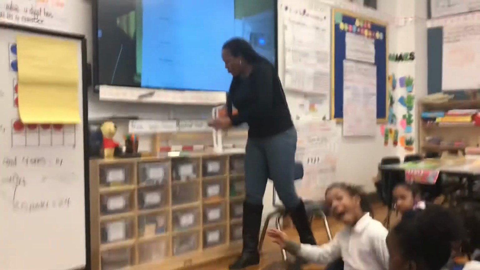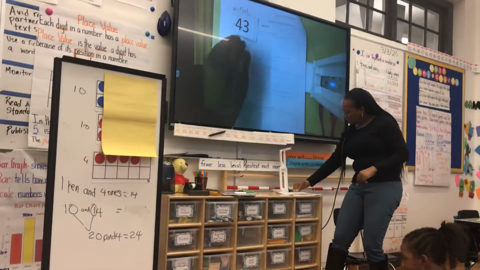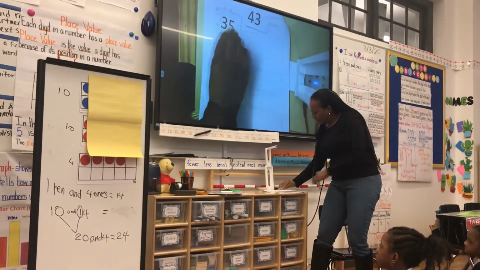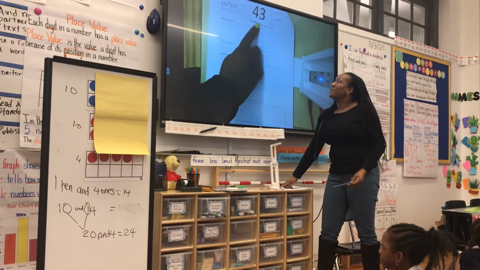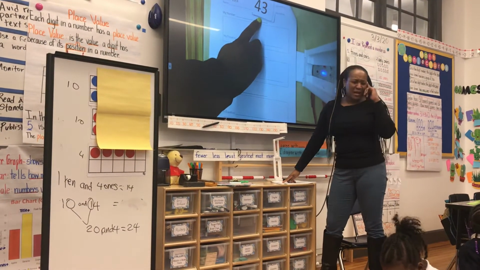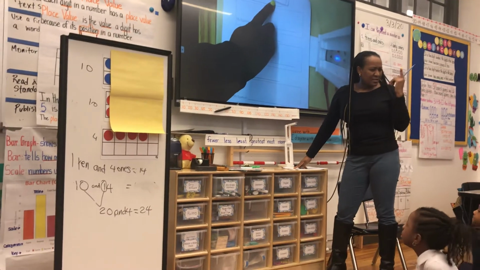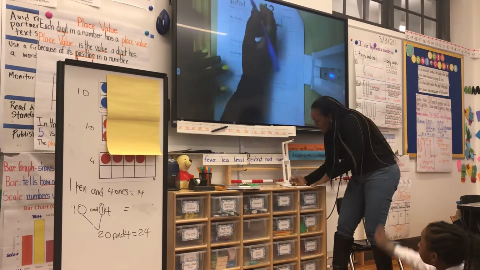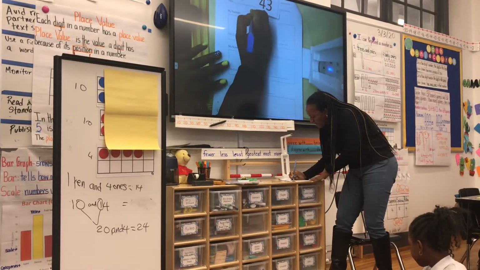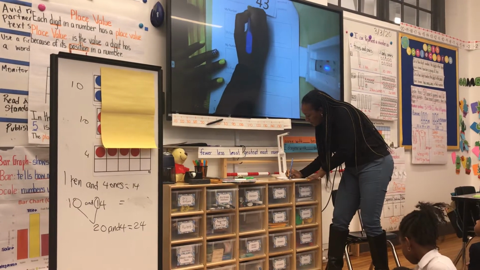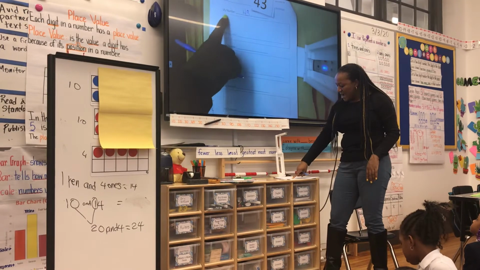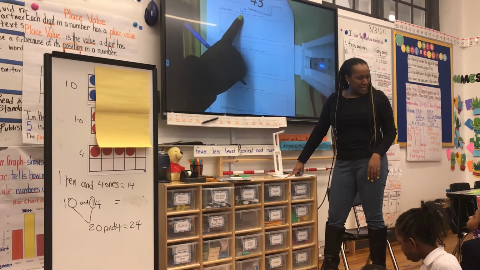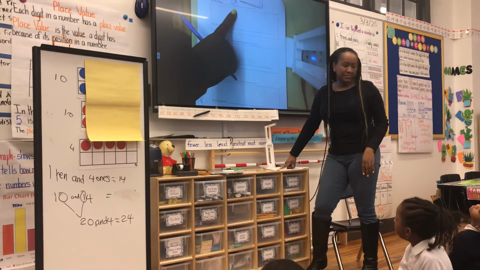I'm going to pick one card. When I pick that card, I'm thinking, how many tens? How many ones? I'm going to write my number on my recording sheet where it says my number. The number I picked was 43.